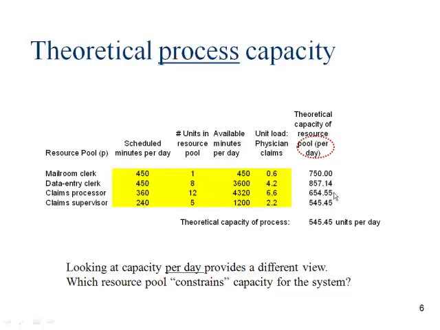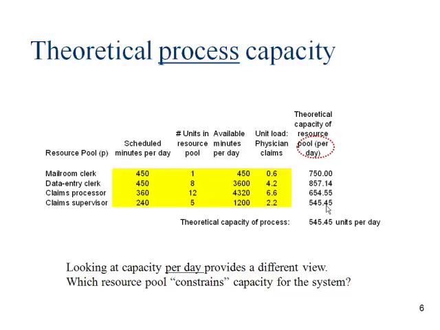Now, if you look at these theoretical capacities of the resource pools, you'll notice one is smaller than the others, and that's the claims supervisor. We have 5 people working in claims supervising, but they're only working for 240 minutes a day. So the total available minutes is 1,200. Dividing that by 2.2, we get a theoretical capacity for the pool of 545.45.